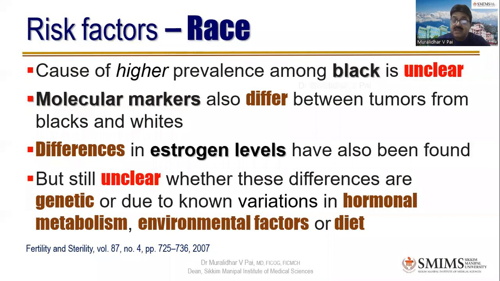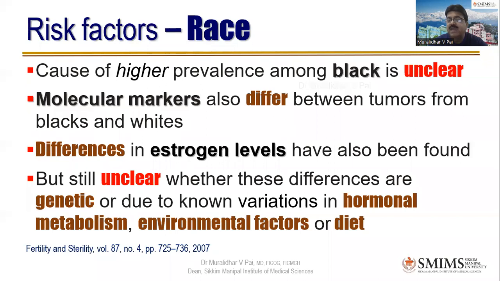But still unclear whether these differences are genetic or due to known variations in hormone metabolism based on the race, or environmental factors, or diet. Of course, the last two can be addressed because now Black people are there even in all the countries, not only in Africa.